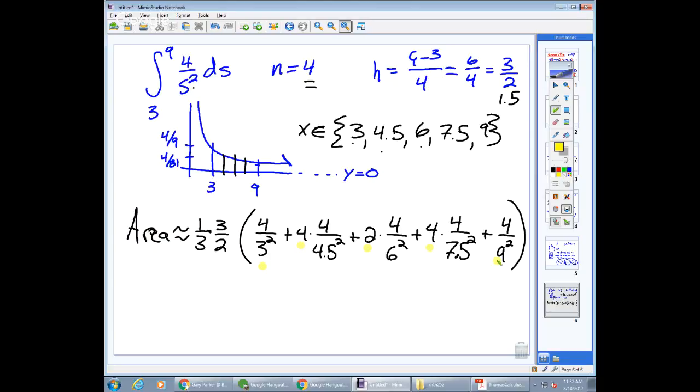Then it's a matter of just plugging this into a calculator. So let's whip it into a calculator and see what happens.